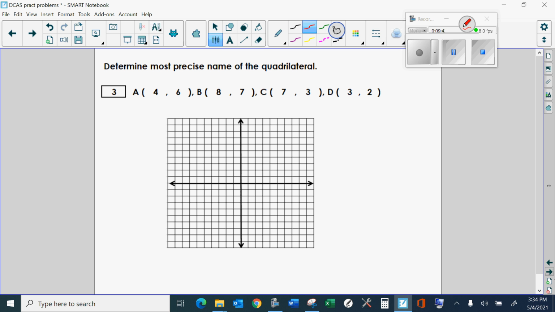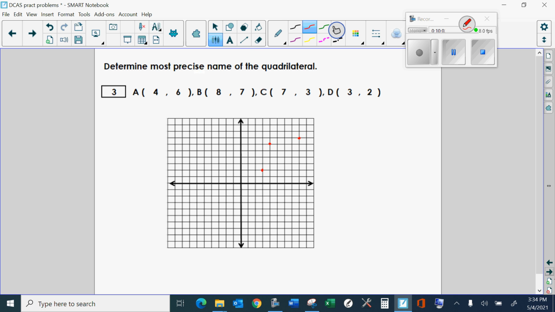Determine the most precise name of the quadrilateral now. So 4, 6, 1, 2, 3, 4, 1, 2, 3, 4, 5, 6, 8, 7, 9, 8, 7, and 3, 2. Okay.